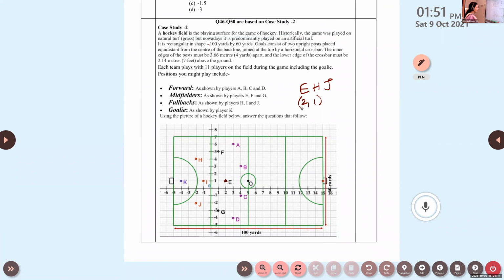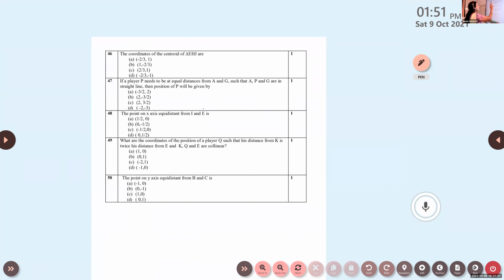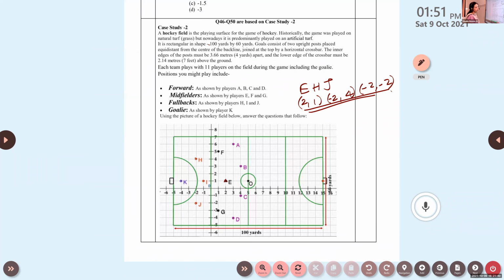Then what about H? H is here. What about the coordinates of H? -2, 4. Yes. And what about J? -2, -2. Yes. Now find out what is asked. We are asked to find the centroid of the triangle. What is the formula for the centroid? (x1 + x2 + x3)/3, (y1 + y2 + y3)/3.